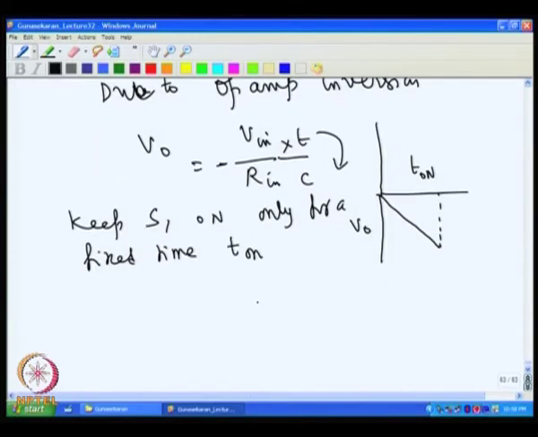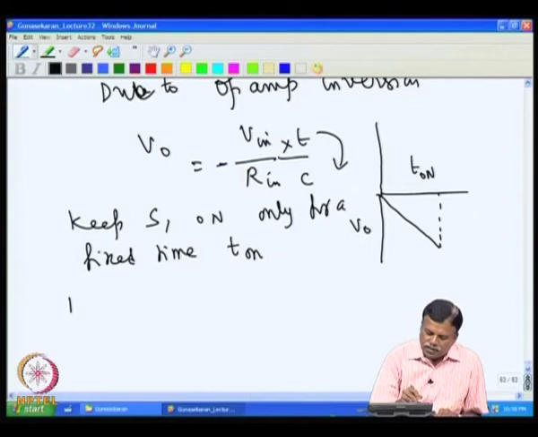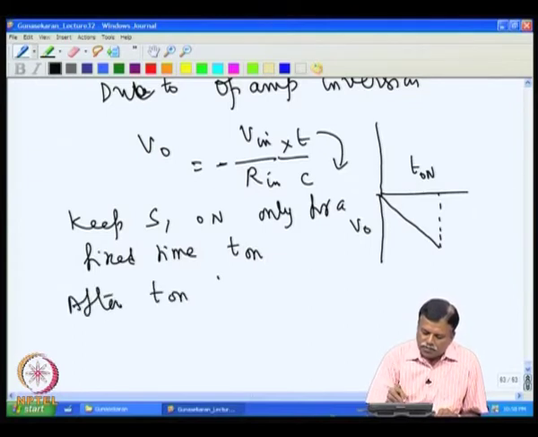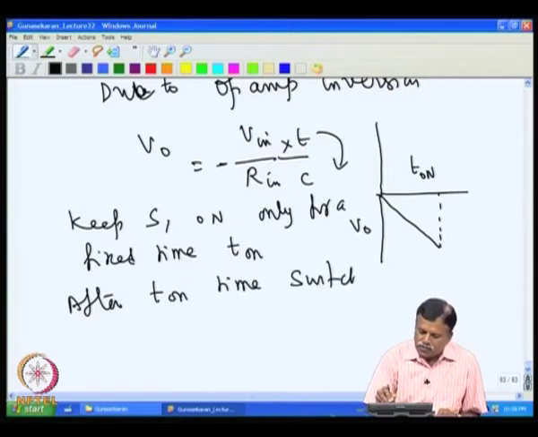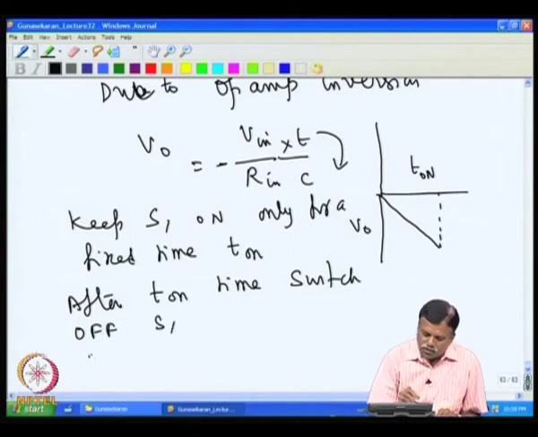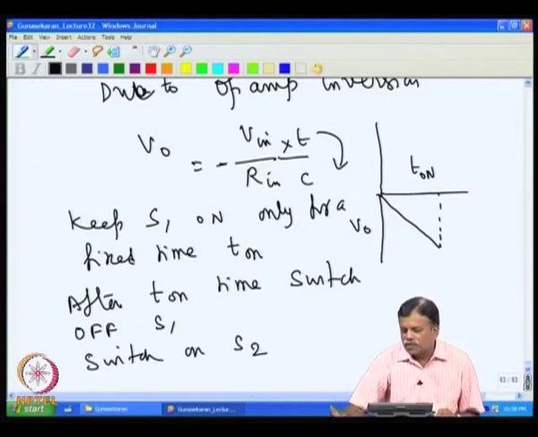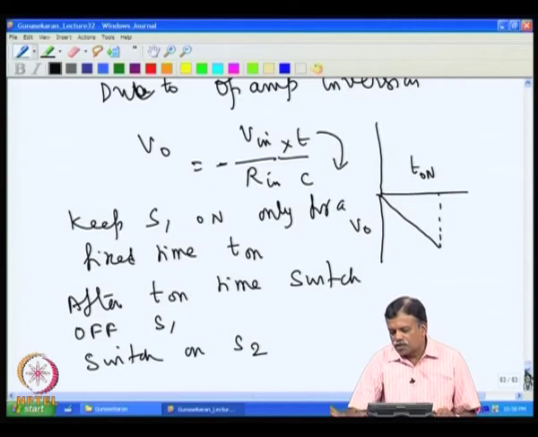After the t on time, switch off S1 and switch on S2. Now, once S1 is switched off, the charging stops.